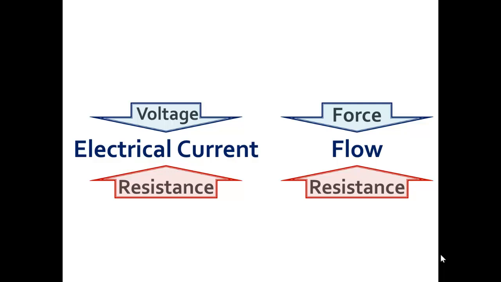Some materials you can't move the electrons at all under normal voltage pressure. They are insulators. However, if you apply a high enough charge, a strong enough force, just like if you have a high enough water force, it will burst open and destroy the system, but there will be flow.